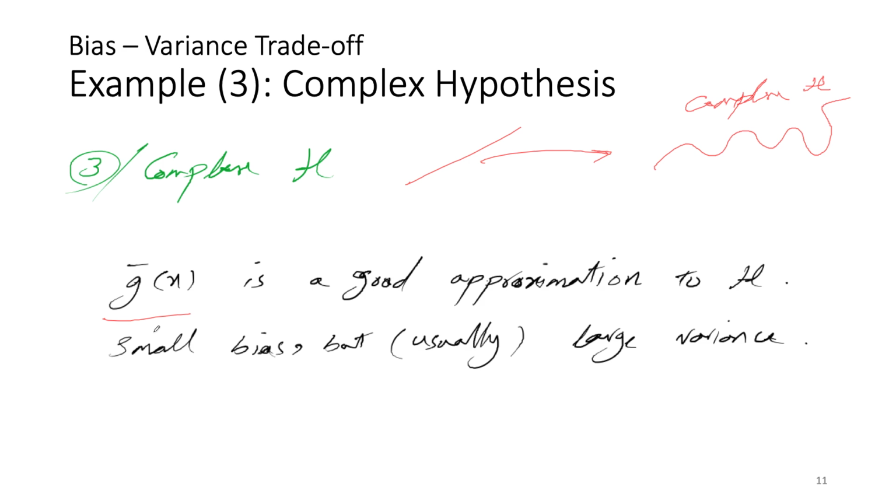In general, your g bar of x is a good approximation because say this is your g, and suppose that was your f. It can trail your f in a better way if you have up and down in your data points of f, shown in dash.